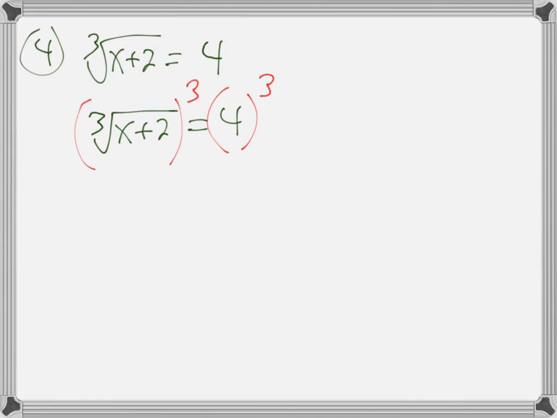So 3 power both sides. And it cancels. The other side, 4 times 4 times 4, use your calculator. 64.